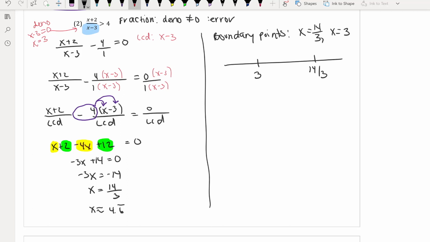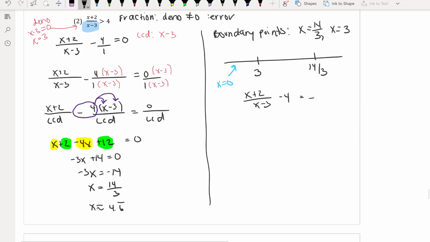So now I pick some values. Let's pick x is equal to 0, and we're going to plug it into my expression, (x + 2)/(x - 3) - 4. Let's see what we end up getting when we plug that into my calculator. So 0 plus 2 over 0 minus 3 minus 4, and I get a negative 14 thirds. So really, I just want to know that that's going to be a negative answer.